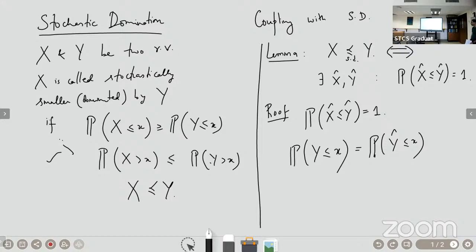P of y hat less than or equal to x, as a function of both x hat and y hat. This will be greater than or equal to the probability x hat less than or equal to x.